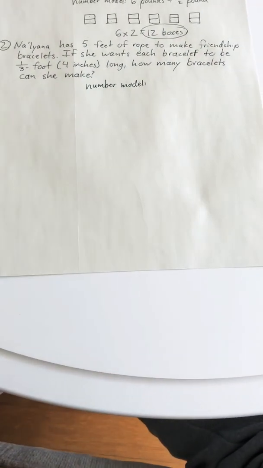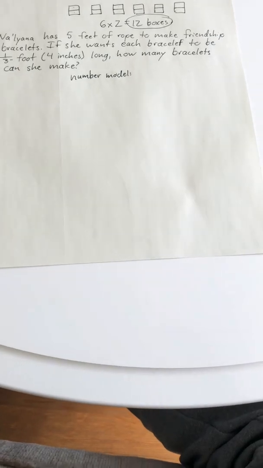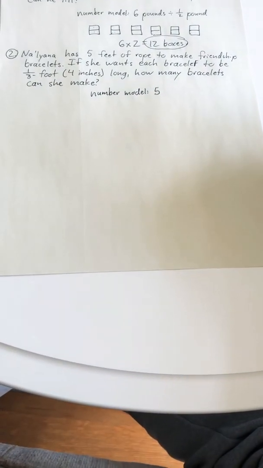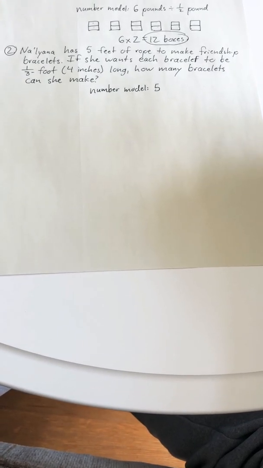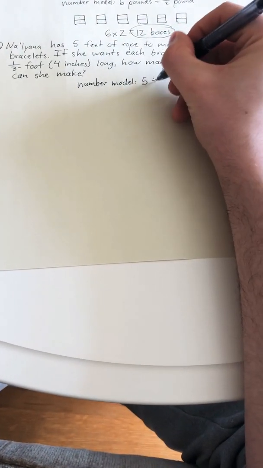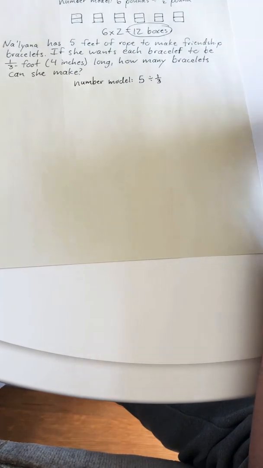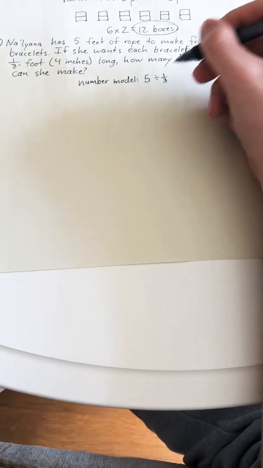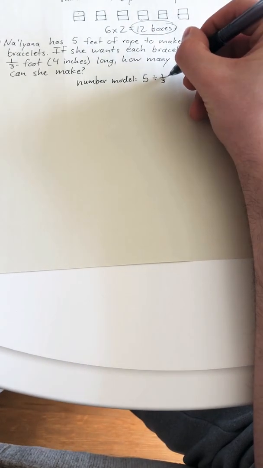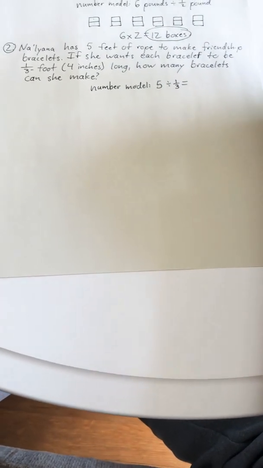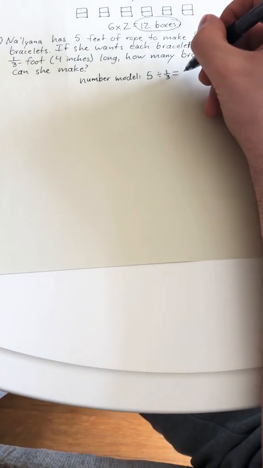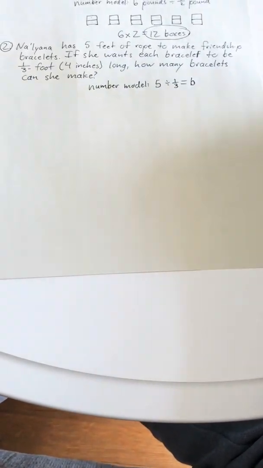All right, in this case, she's starting with 5 feet, and we're dividing the 5 feet of rope into bracelets that are 1/3 of a foot long each. So I'm going to divide 5 divided by 1/3, and I'm going to set that equal to, it doesn't really matter what letter you use, but I'm going to set that equal to B for bracelets, okay?